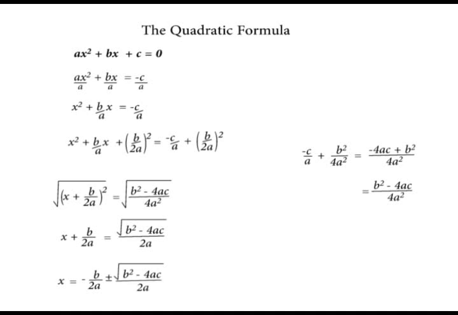We have a common denominator 2a, and so we shall have x is equal to minus b plus or minus square root of b squared minus 4ac over 2a. This is the quadratic formula and can be used to solve quadratic equations for the value of x.